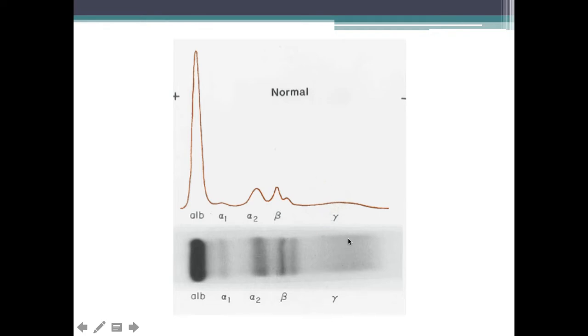It is in this portion where you will see the immunoglobulins or the antibodies. So again, basically, antibodies are actually protein in nature. In certain instances or in certain disease states, sometimes there are so many antibodies present in the system that you see a monoclonal peak here. There is a high concentration of antibodies that you will see in this portion.